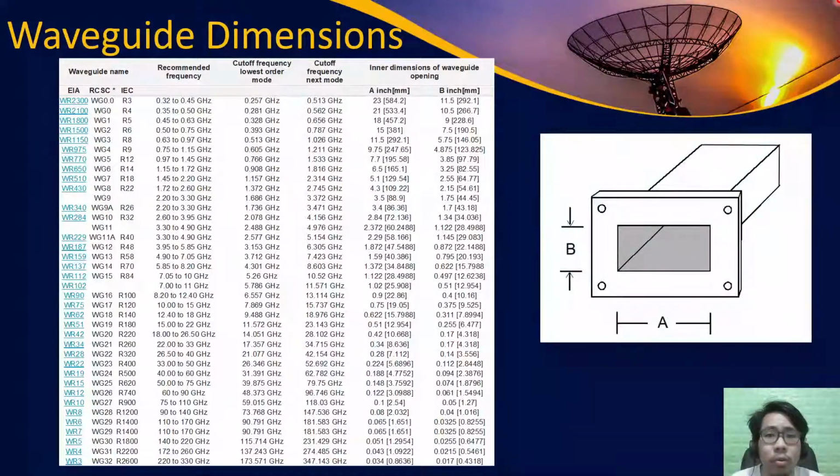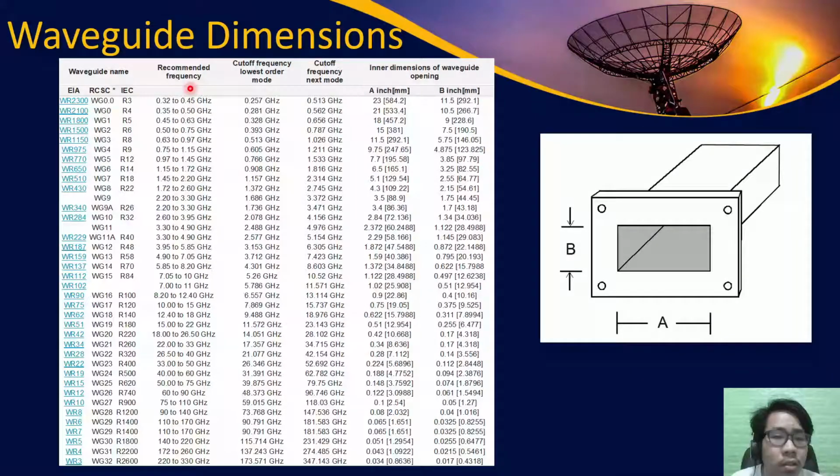So here are our waveguide dimensions. For our rectangular waveguide, we have the waveguide name. We have three standards organizations here, and they have different naming systems. Here is the recommended frequency range of the electromagnetic wave that is being propagated inside the waveguide. However, this is only the recommended frequency.